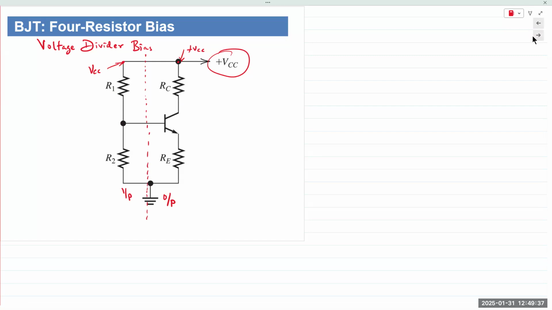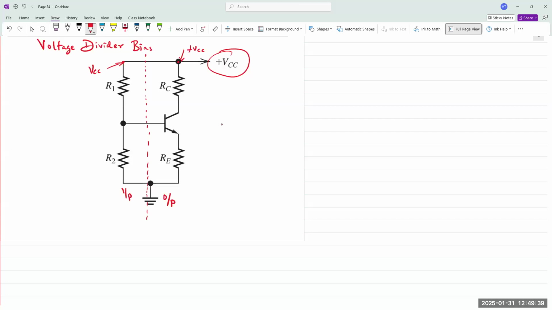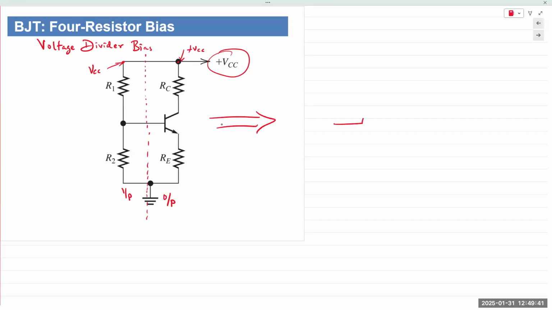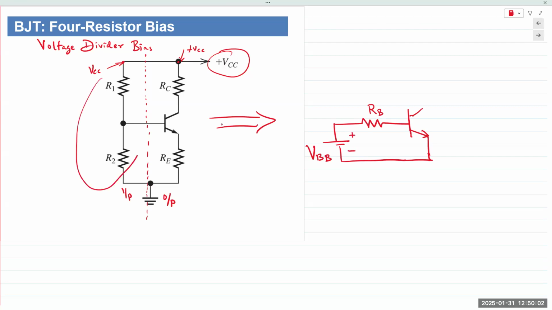We need to go from this circuit to this circuit. We need one single RB and one single value of VBB. So we need to reduce R1 and R2, and then of course VCC, into VBB and RB.